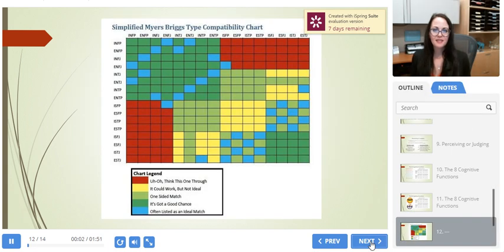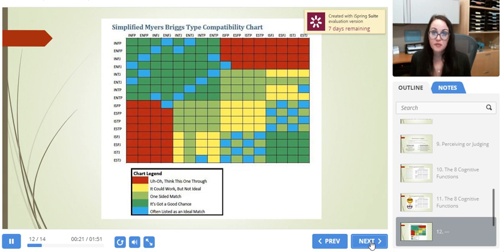So another topic I'd like to get into briefly is the idea of compatibility between the different types. As you can see, there's a chart listed below, and it describes what types might be more ideal or good matches, and which types might be more challenging or maybe a little more incompatible.